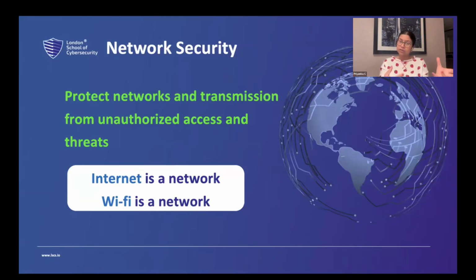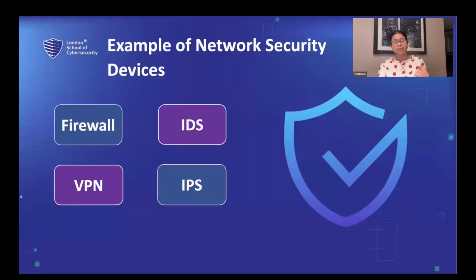Your home Wi-Fi is also a network. If you're connecting two computers, that is also a network, right? So when you're transferring data using Bluetooth from one phone to the other, the AirDrops of the world, they are also networks. Yeah. So that is why network security again is a specialization in itself. Okay.